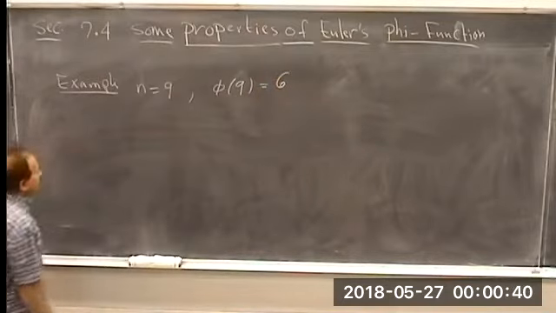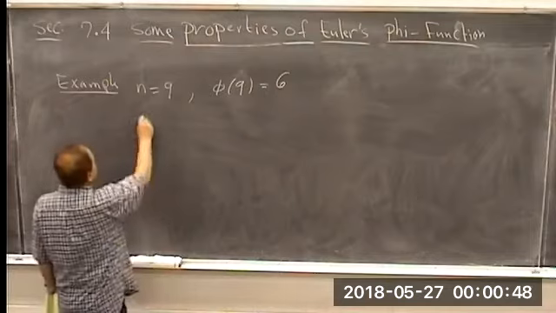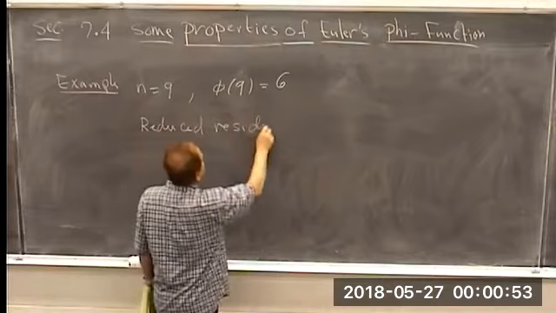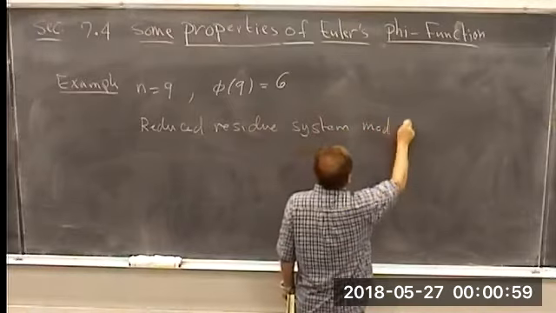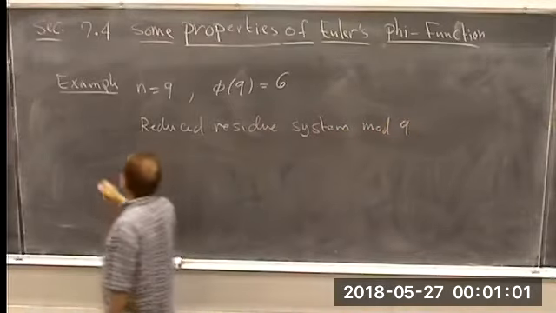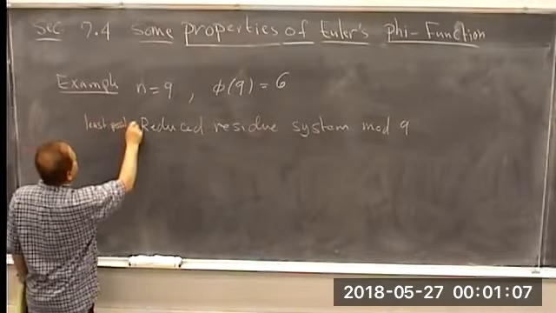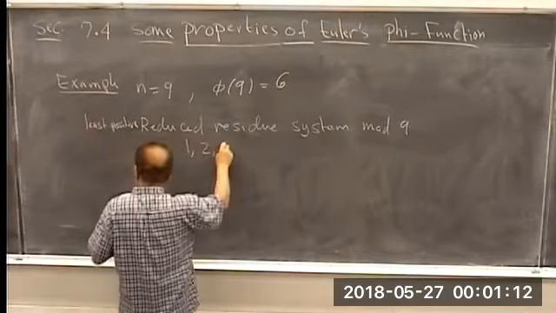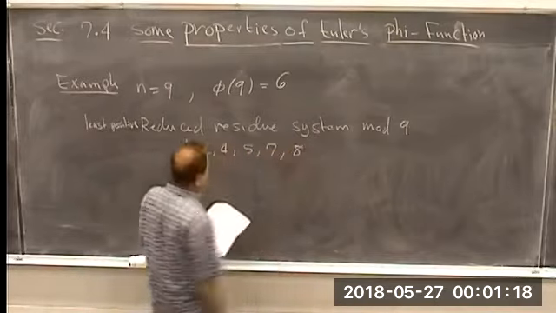And now I'm going to take the integers that are positive, less than 9, and relatively prime to 9, which means the least positive reduced residue system mod 9: 1, 2, 4, 5, 7, and 8.